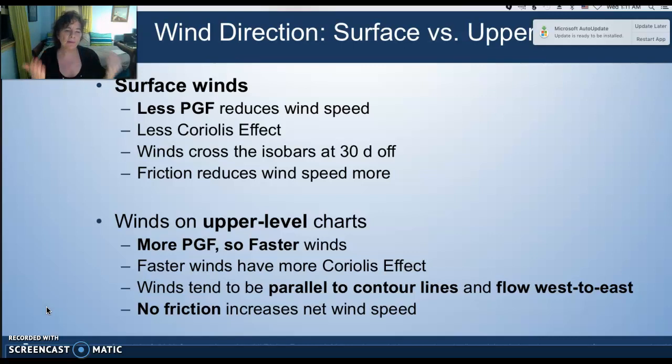And in the upper level charts, you're going to notice more pressure gradient force and faster winds and more Coriolis effect. And that is going to tilt the wind over to the right, deflect it over to the right, so it's parallel with the contour lines. And you're not going to have friction at the upper levels. No trees, no buildings.